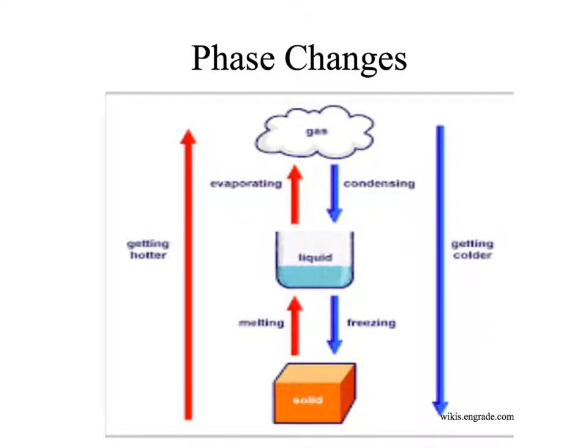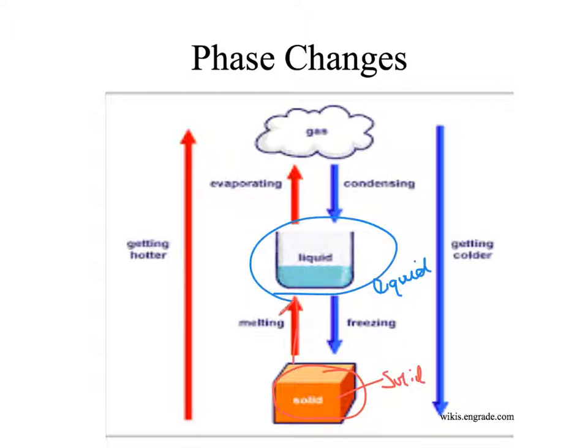When we think about the different phases that exist, we can have phase changes between substances. So here the box represents a solid. We can go from a solid to a liquid by melting.